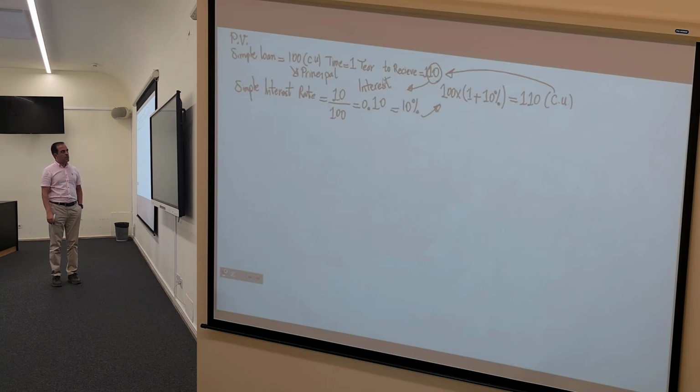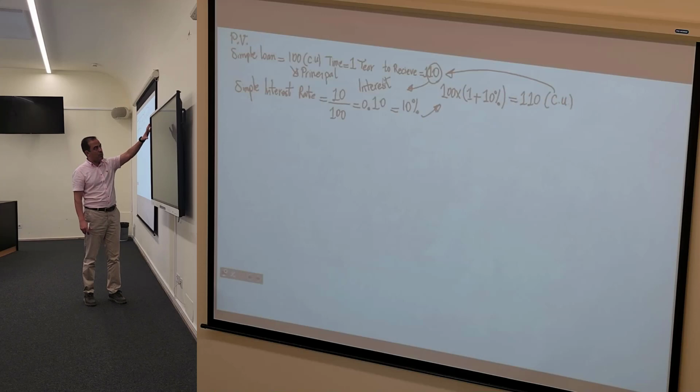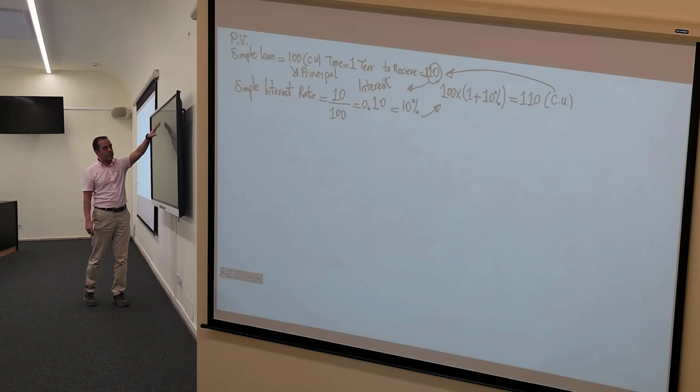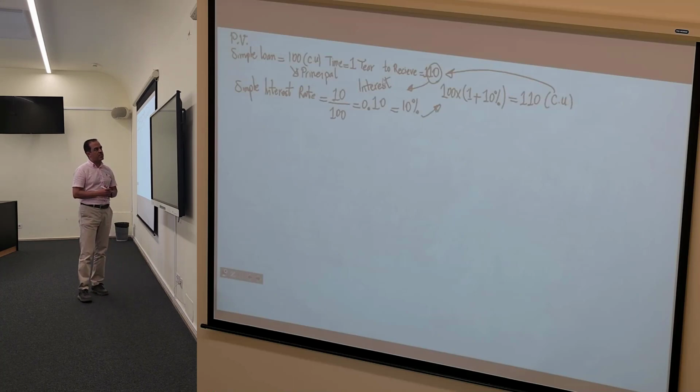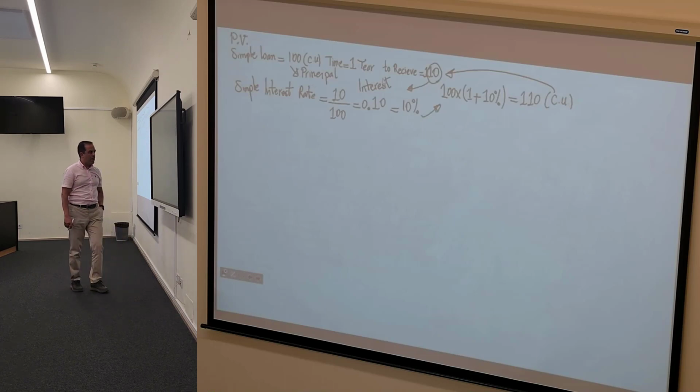Okay, so it is very simple to calculate the simple interest rate based on the information from the simple loan, and the opposite way to know how much we have to pay by considering the interest and also the principal that we receive. So totally we can calculate it simply like this, with the 110 to pay.